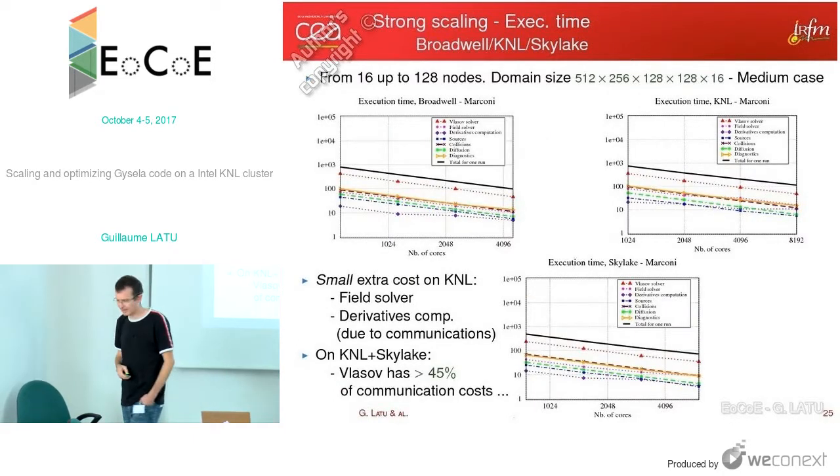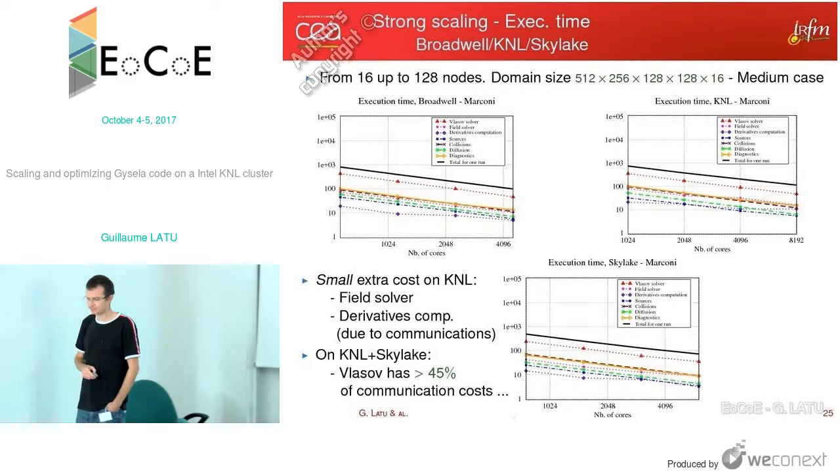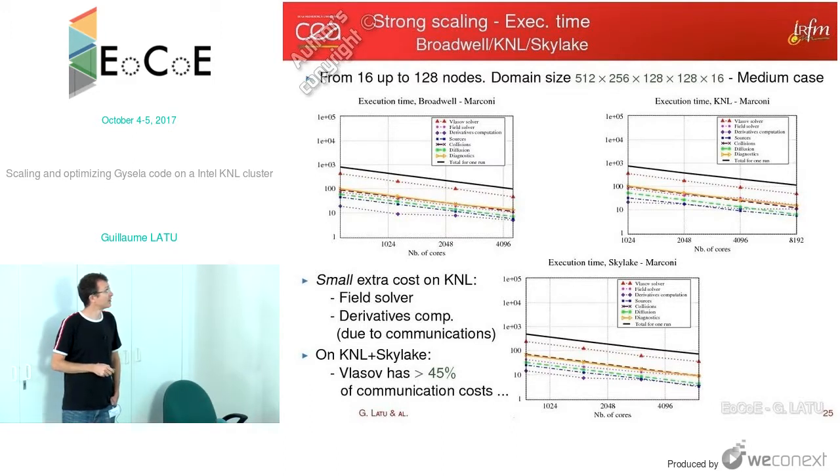For the execution time, with kind of the same setting, Broadwell, KNL, and Skylake, we see that they are pretty close. But I really look at this figure all the time to improve the parts of the code, because it's really meaningful in our code that all parts are optimized at the same level.